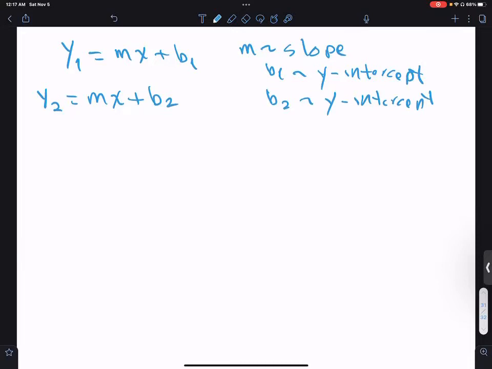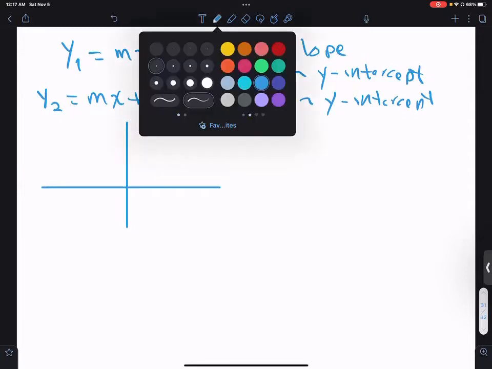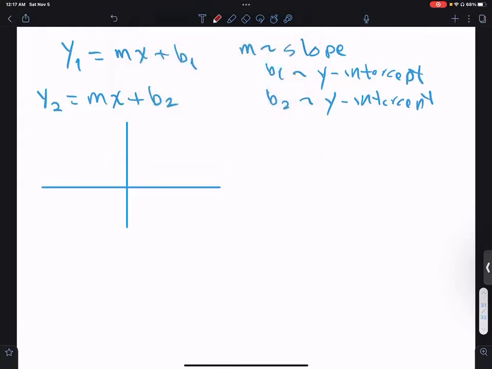Now we're going to do a graph here. I'm going to call one of the lines y1, and this is b1, the y-intercept. This is the y-axis. This is the x-axis.